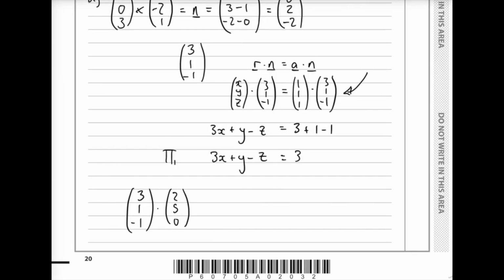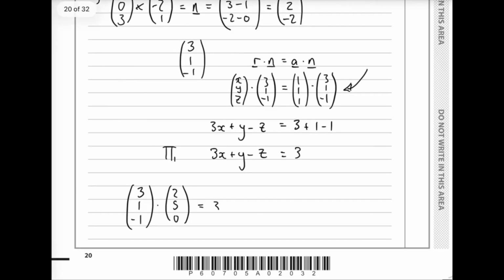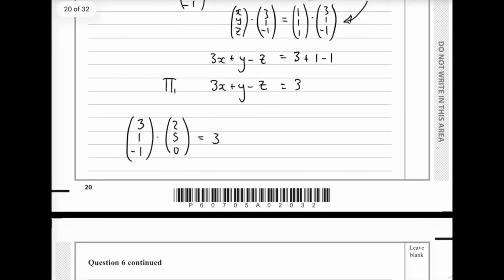Whereas before we were trying to show it, so we couldn't use s because we didn't know what s was, now that we know it's true, we can use that fact to find s. So this must equal 3. 3 times 2 plus 1 times s plus minus 1 times 0 equals 3. This gives us s is equal to negative 3.